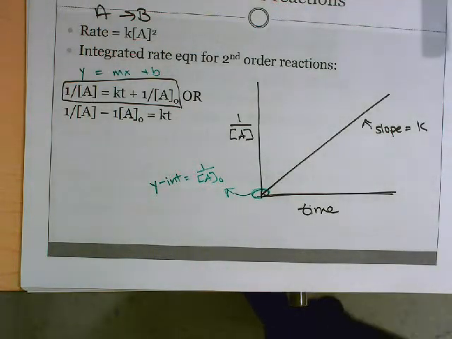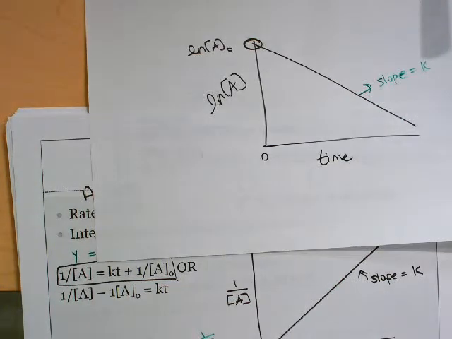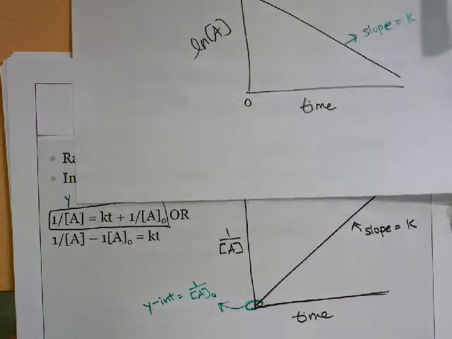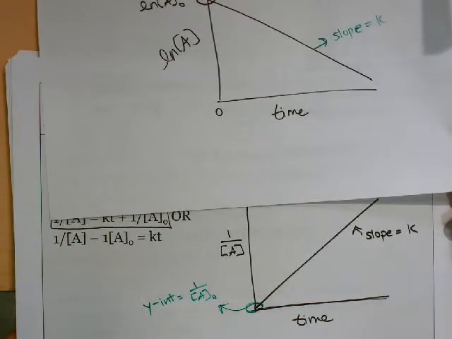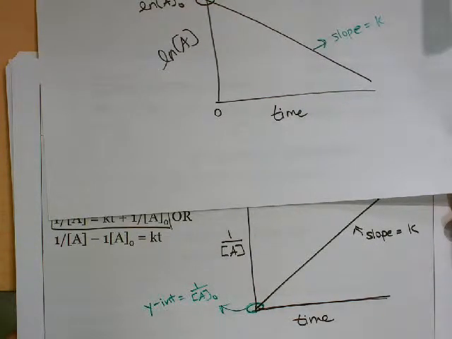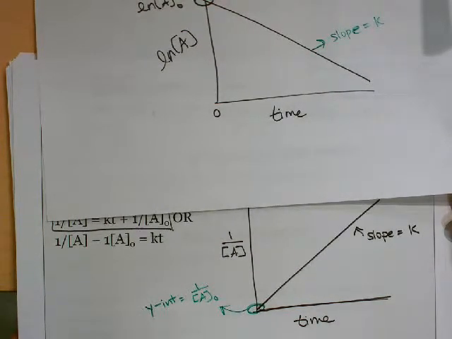So if we look at the difference between a first order and a second order graph, what is something that is the same on both these graphs? They're both linear. What else is similar? They both have slopes. Are they in the same direction?